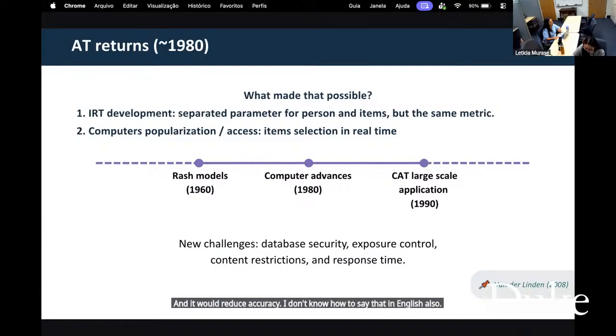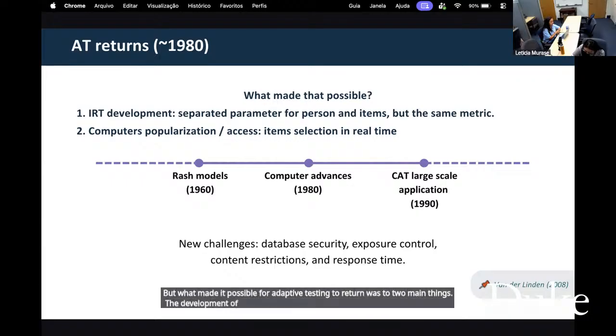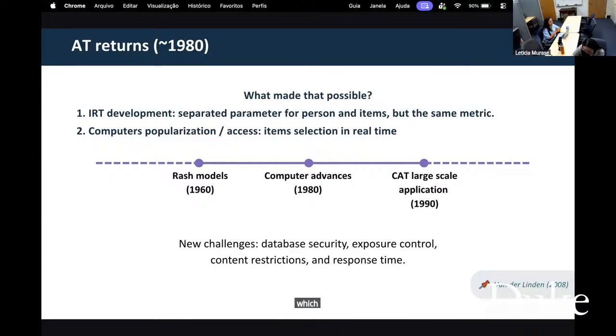But what made it possible for adaptive testing to return was two main things. The development of IRT, item response theory, which has separate parameters for person and for items, but in the same metric scale.